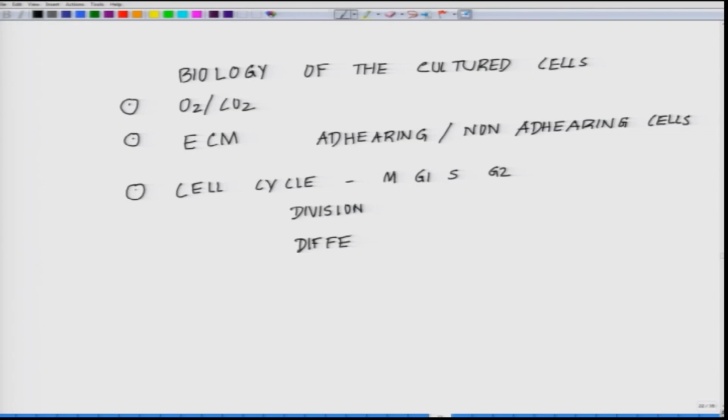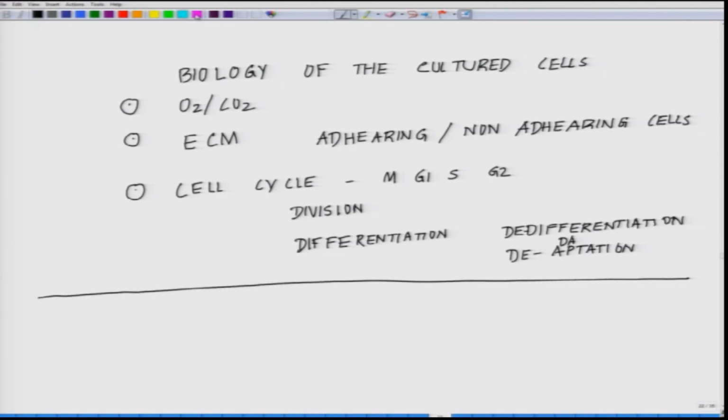Then we talked about differentiation, de-differentiation and de-adaptation. Okay, this is what we have already covered. This part is there with us.